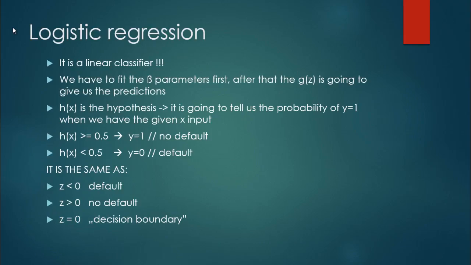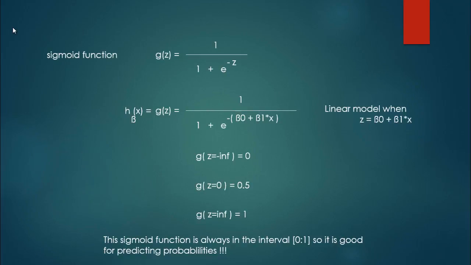So we have to fit the beta parameters first, and after that, g(z) is going to give us the predictions we are after. So h(x) is the so-called hypothesis. The h(x), as you can see here, is this g(z) function, but z is equal to b0 plus b1 times x. So we have a linear model.